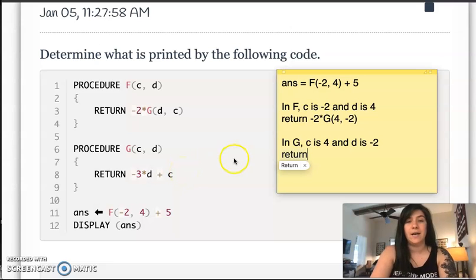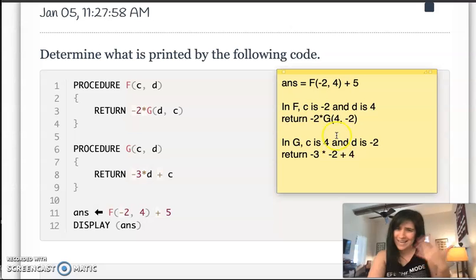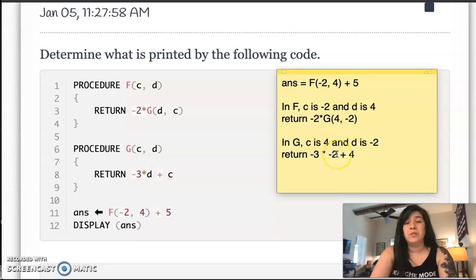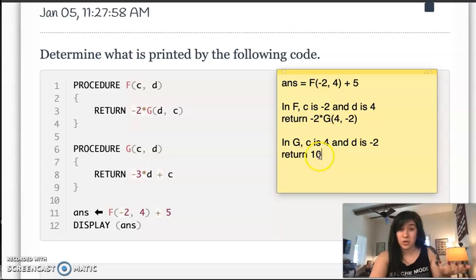So let's just write that in: -3 times -2 plus 4. If I were you, this is the stuff I'd be writing out on my paper. To return that, I'm just going to simplify, following order of operations, so I multiply first. -3 times -2 gives me +6. 6 plus 4 gives me 10. That means it's returning 10.